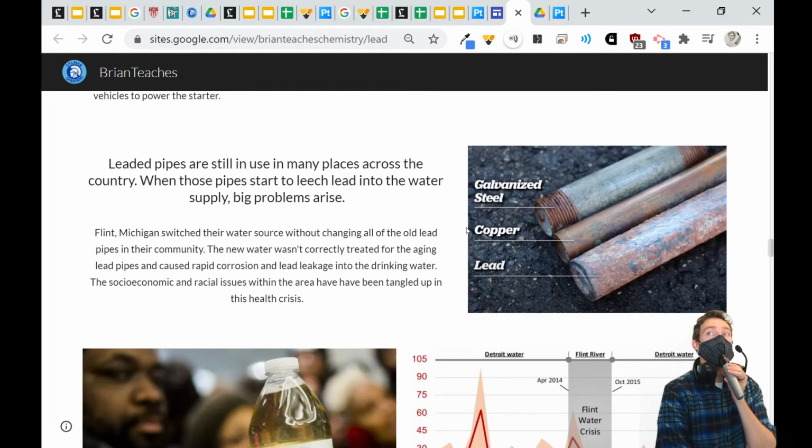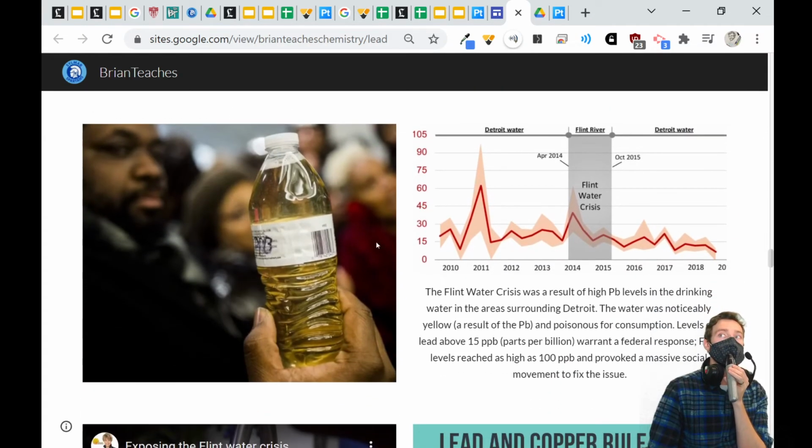So, Flint, Michigan switched their water source once, and it caused all these lead pipes that had all this water running through them to start to degrade. Where did the lead go? Into the water. It caused a water crisis. This was the tap water people were pulling out of their tap. Could you imagine turning on the water source and just pouring that out?